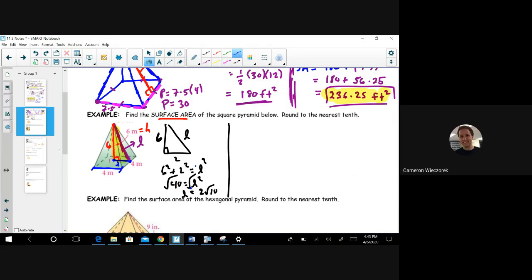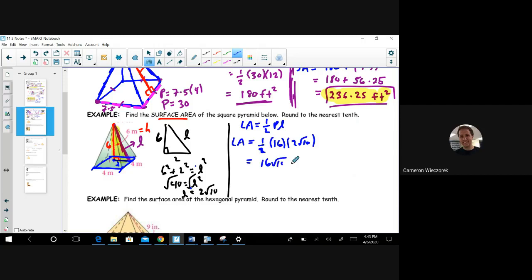Okay, so let's do the lateral area. The lateral area is going to be 1/2 the perimeter of the base times the slant height. Perimeter of the base, 4 plus 4 plus 4 plus 4 is 16. So 1/2 times 16, and then times, we just found the slant height was 2 rad 10. So I get 8 times 2 would be 16 rad 10.